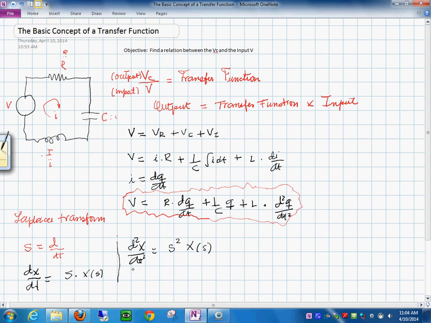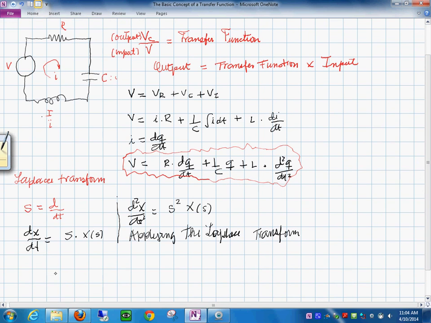Applying the Laplace transform. So in here, I'm going to say that V of s is equal to R times s times Q of s, right?